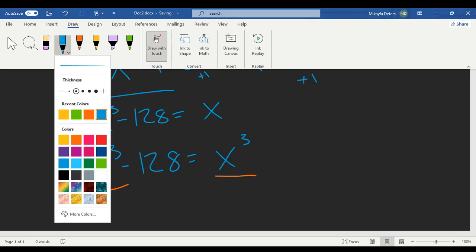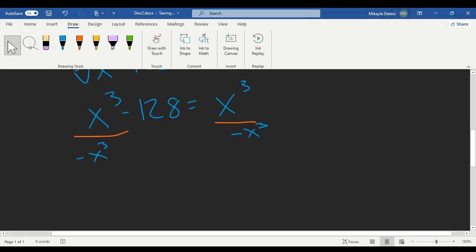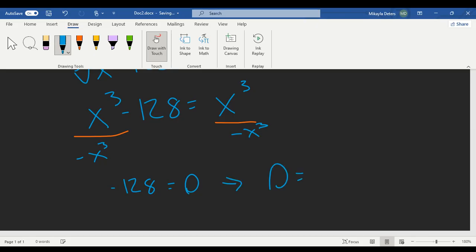But continuing this problem, we're going to subtract the x to the power of 3 on this side to bring each part to its opposite side. So now we're going to have negative 128 is equal to 0, which looks just like what we had earlier when we have no solutions for the problem.